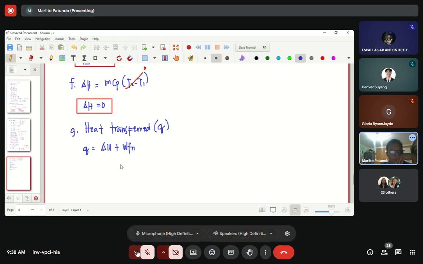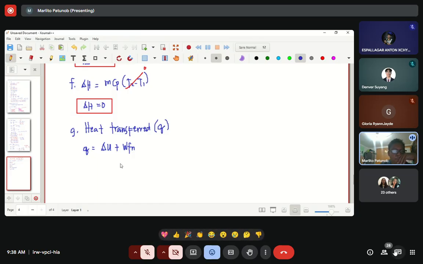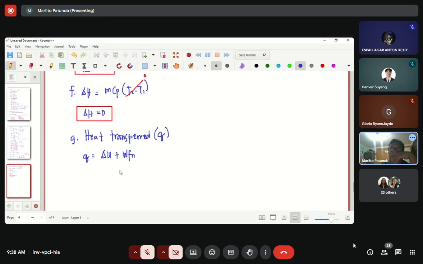So your delta U is 0, right? So your Q will be equivalent to work non flow.